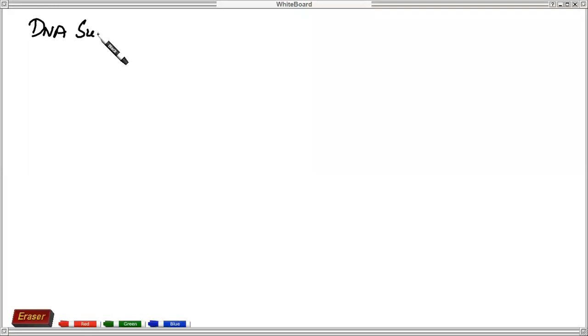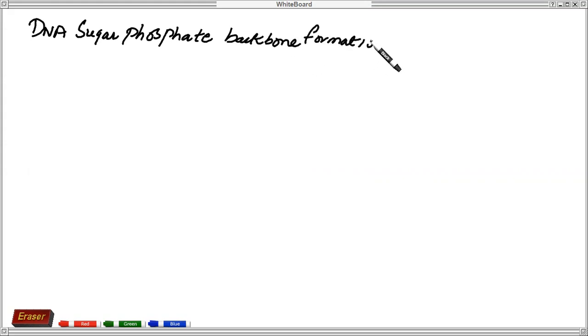DNA sugar phosphate backbone formation. As we know that DNA is made up of nucleotides.